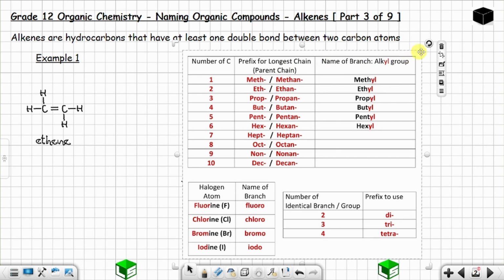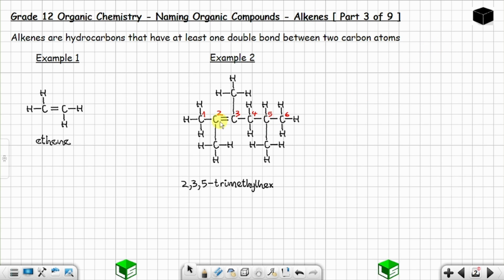But before that, you have to show that you have a double bond on carbon number 2. So we are going to use 2 to show the double bond on carbon number 2. Now you can use the suffix ene. This is the full name of this organic compound.